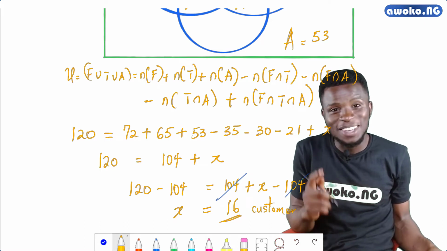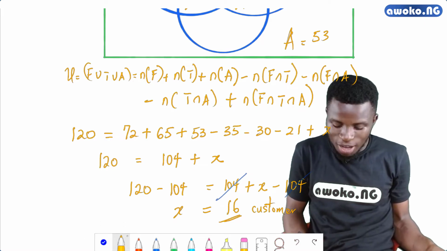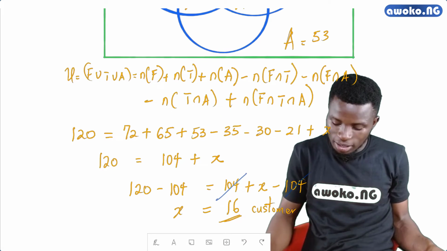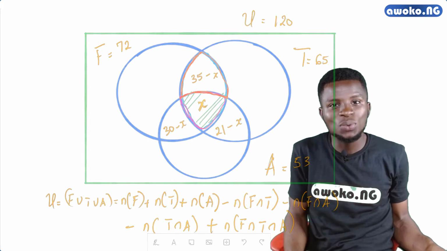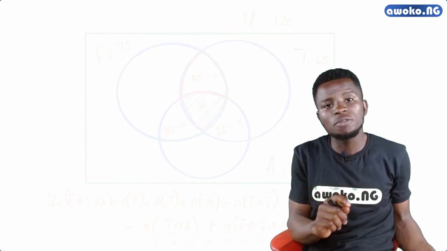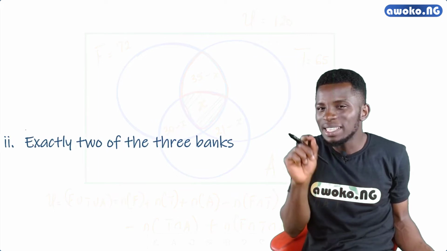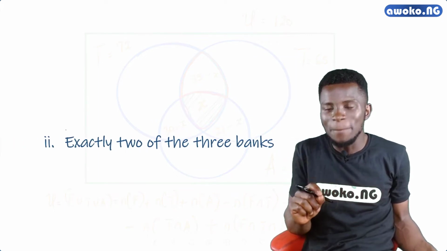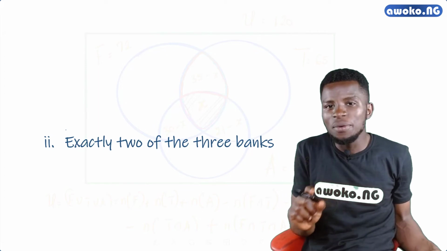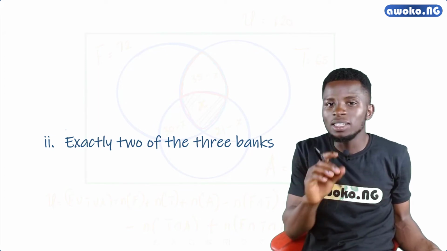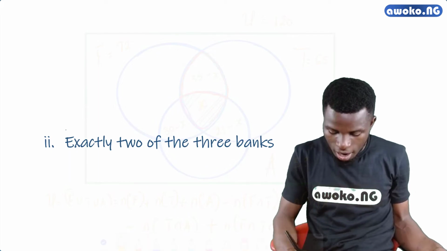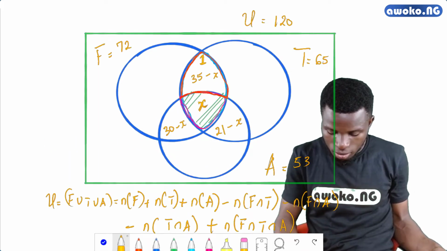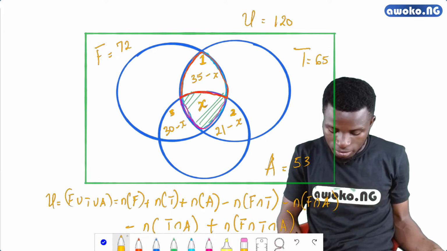Okay, let's go to the second question. We're asked to find the number of customers that banked with exactly 2 of the 3 banks. Exactly 2 of the 3 banks. And you agree with me that the area covered by this particular question are 1, 2, and 3.